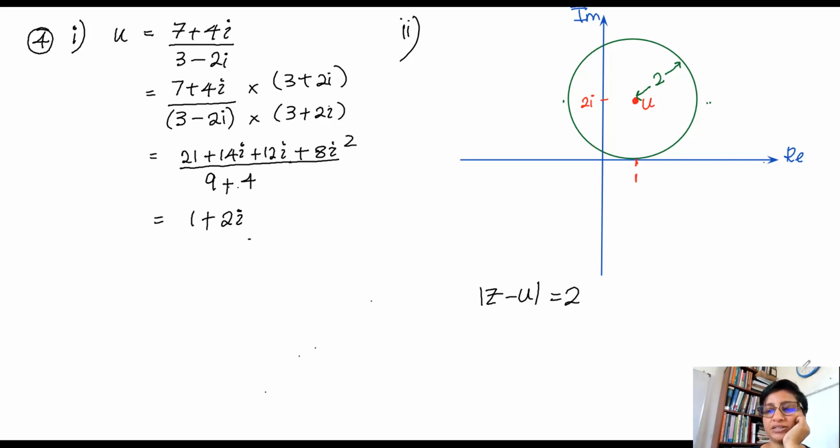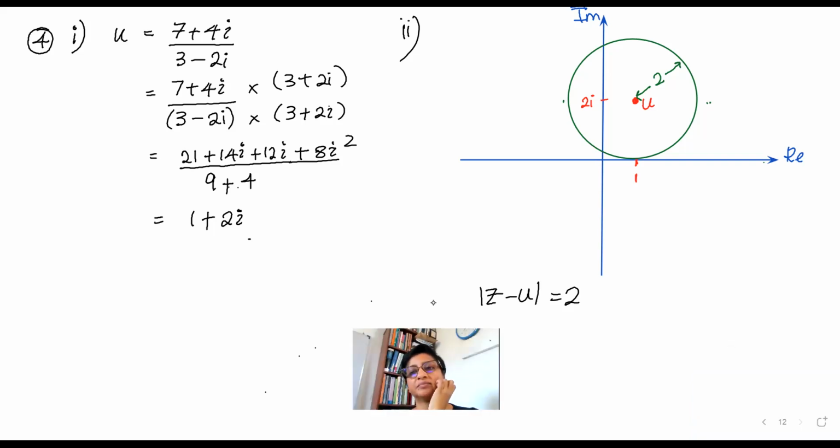Can you show me how you would draw it in your diagram? Now look at this. For the argument of z, where can your zs be? Your zs can be on this circle. Think of all the points on this circle.